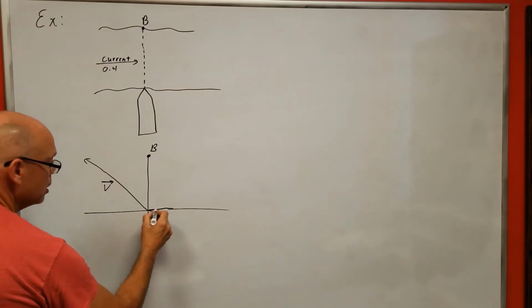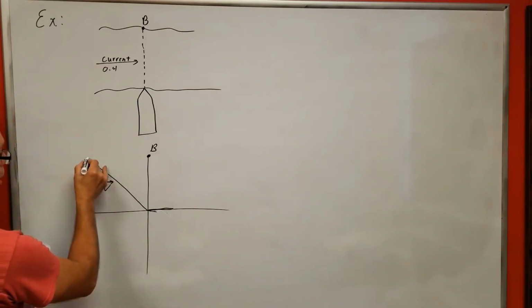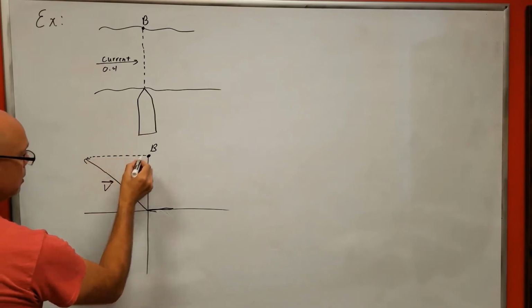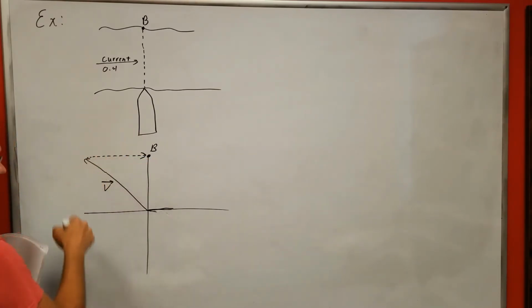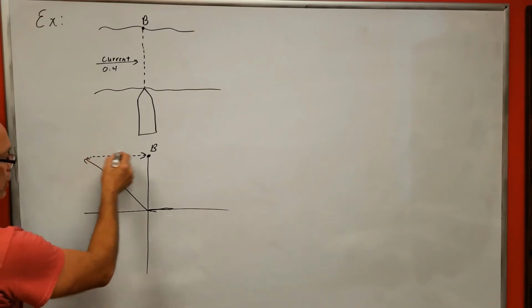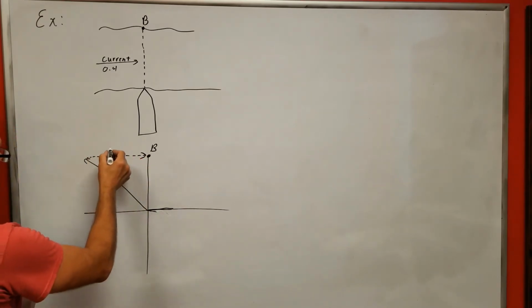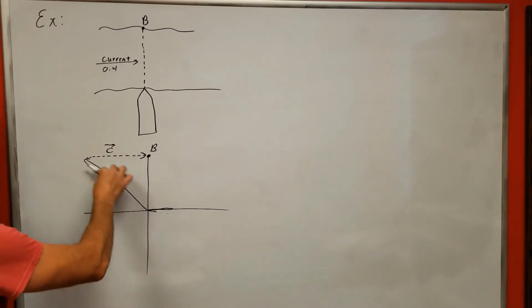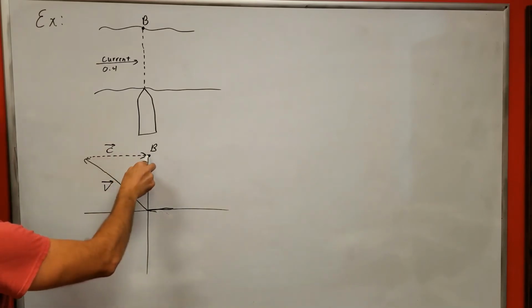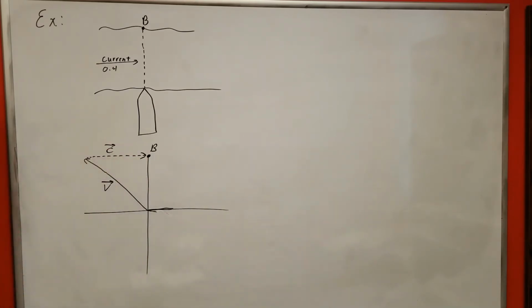But if I put the tail of that vector at the tip of this vector, then I can look at vector addition, okay? And let's call this the current vector, like that, okay? So in other words, vector V plus vector C will get you to point B, right?